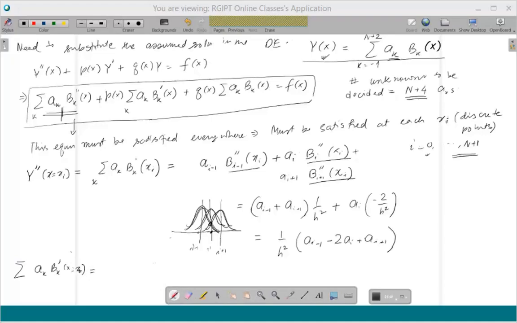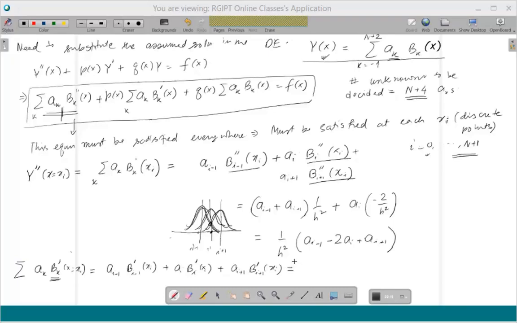That would be given by three b_k primes. Three of these will be important: i minus 1, i and i plus 1, like what we have here. So that would be a_(i-1) b_(i-1) prime at x_i plus a_i b_i prime at x_i plus a_(i+1) b_(i+1) prime at x_i.